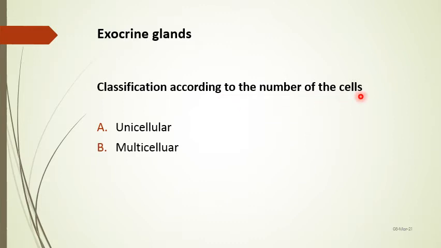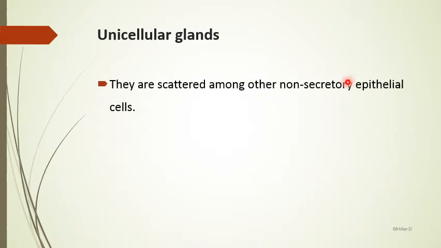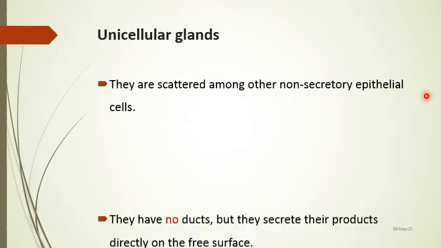Classification according to the number of cells, either unicellular or multicellular, as we mentioned. Most of the glands are multicellular. The unicellular glands are called goblet cells. They are scattered among other non-secretory epithelial cells in the respiratory tract, the digestive tract, and also in the female reproductive tract. These unicellular glands are composed of one cell.